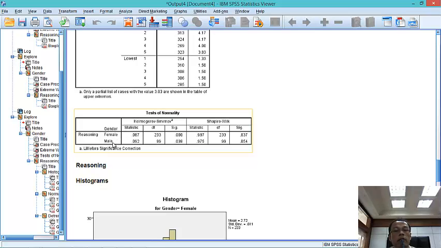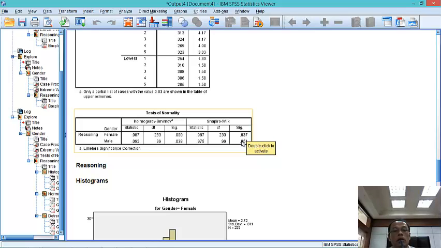The data are in two groups. The first one is female, the second is male. The significance for female is less than 0.05. That means the statistical test for normality is not acceptable, meaning the data is not normal.